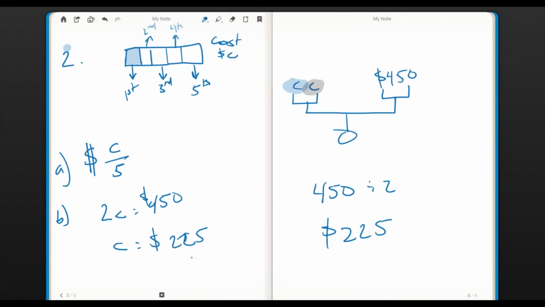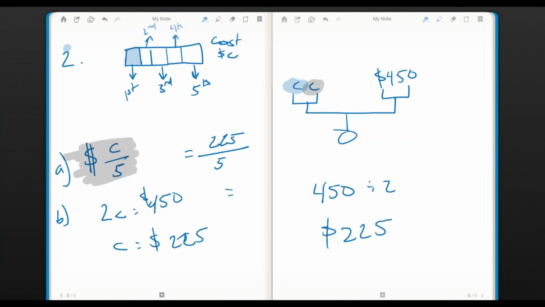That's the first step, though, because the question is, how much did each man have to pay to rent one boat? According to what we found here, each man has to pay C divided by 5. I've now found that C is 225. 225 divided by 5 is the answer I'm looking for.